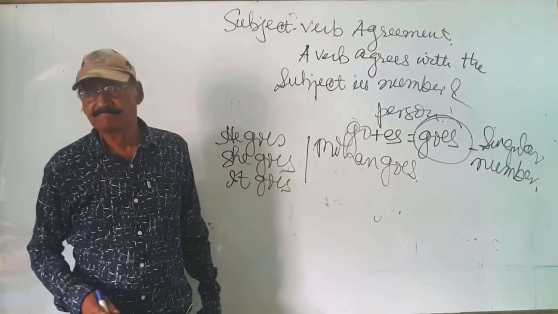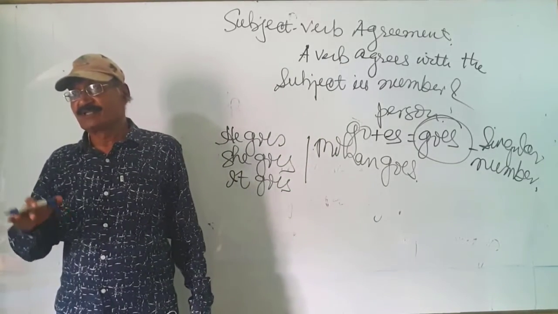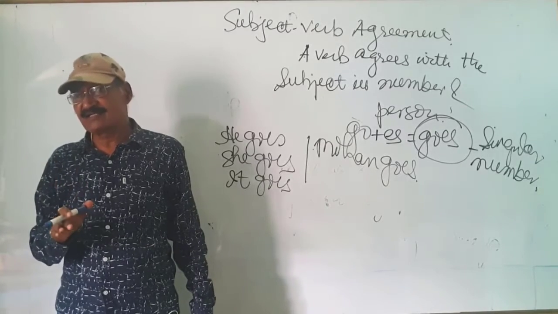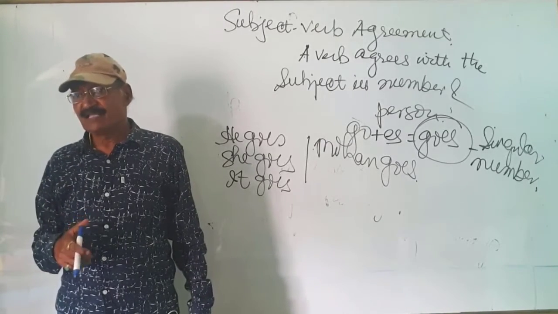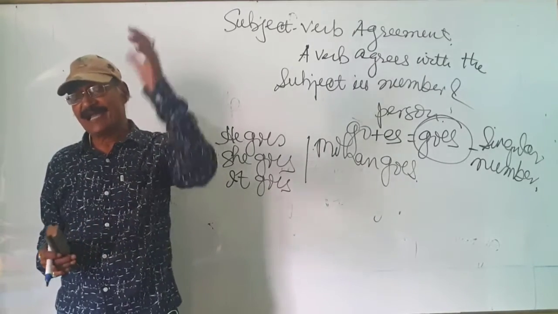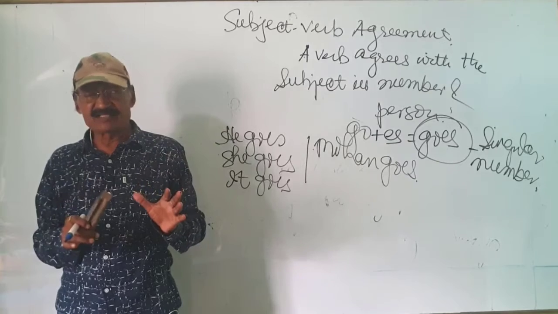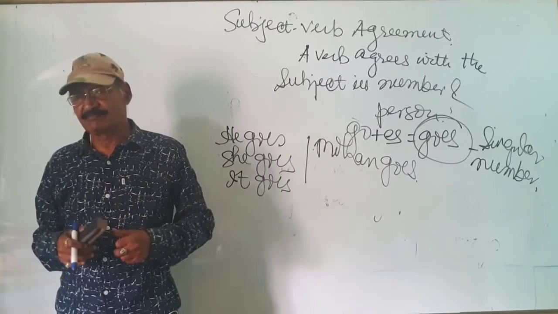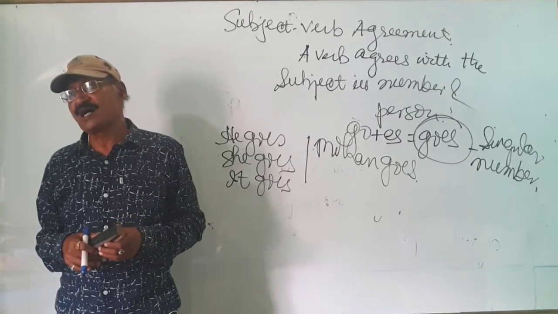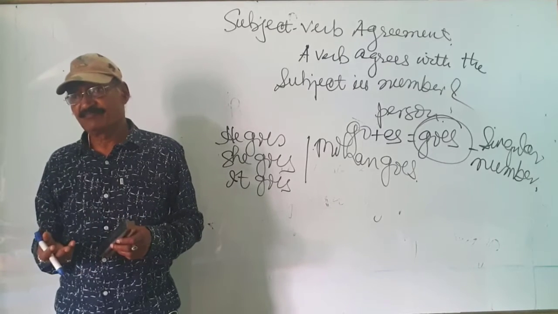Only in the third person singular number do we use a singular verb with a singular subject. For the rest of them we have to use a plural verb.